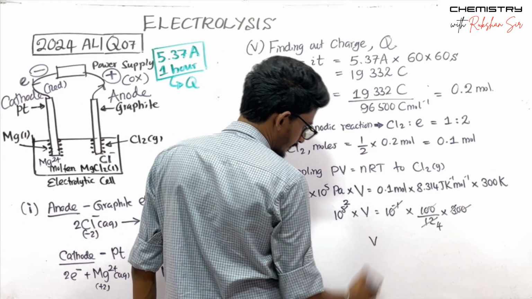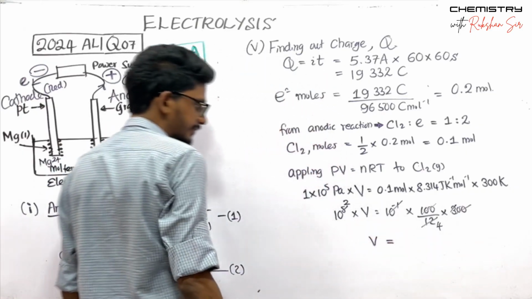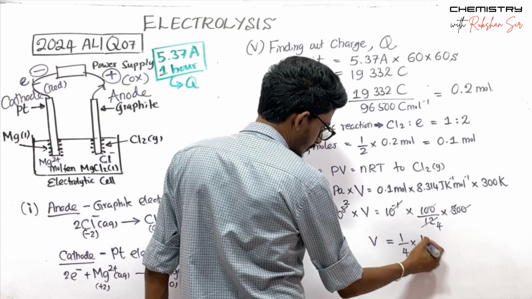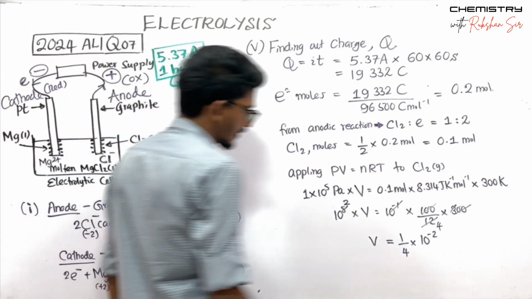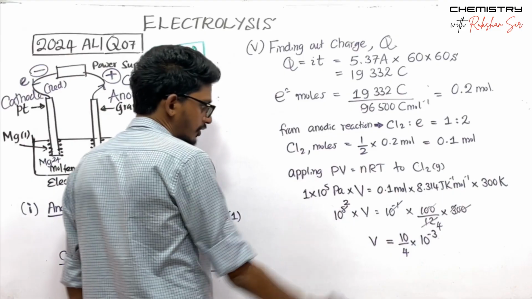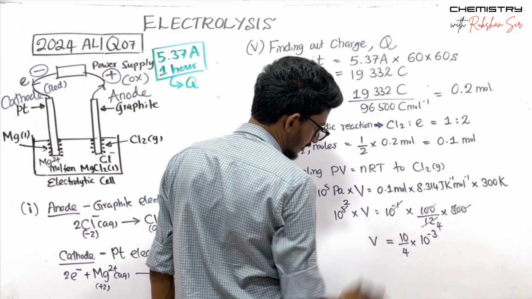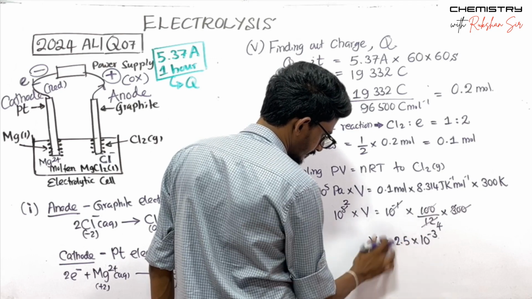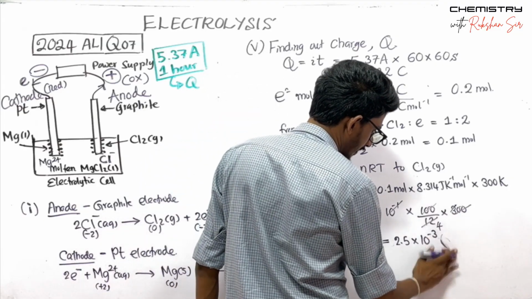So volume is actually 1/4 times 10 to the power minus 2. Taking this 10 to the power minus 3, this is going to be 2.5, right? 2.5.